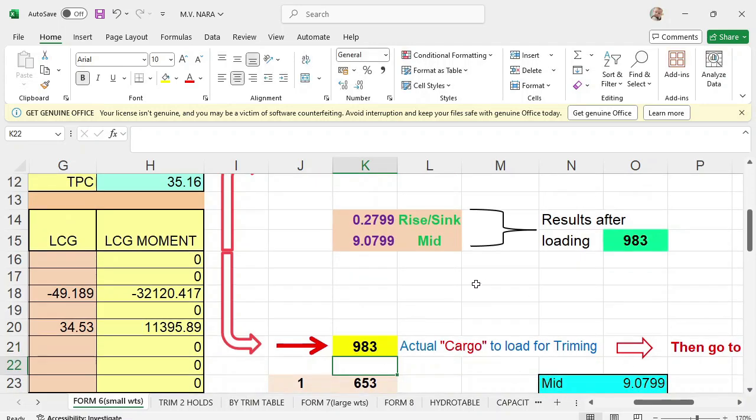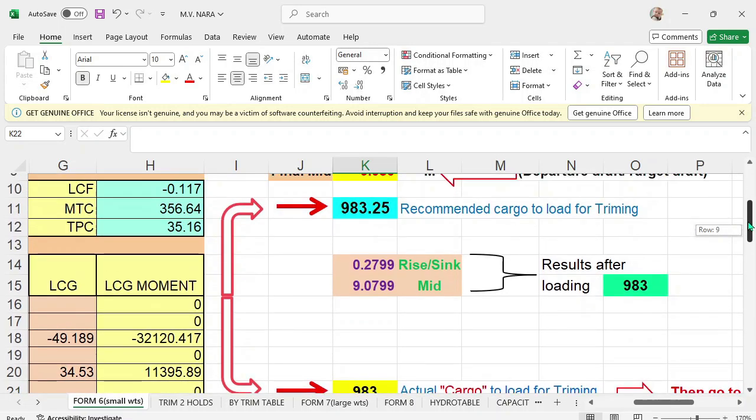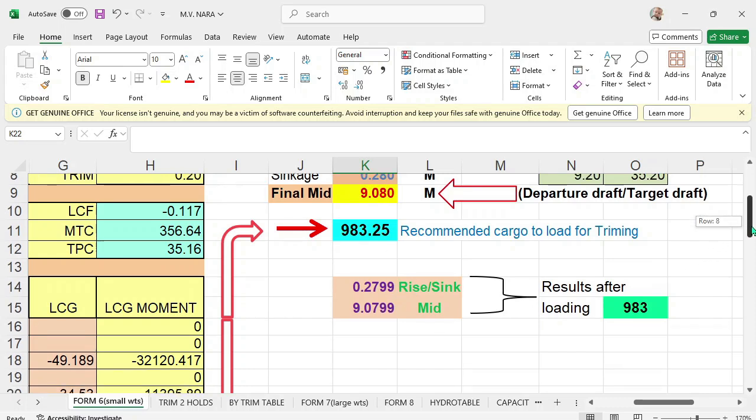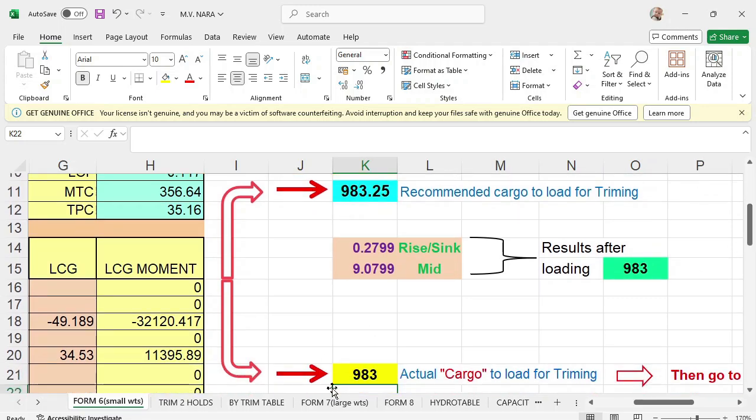Once you load 983, your mid draft is 9.0799 and your sinkage is 0.2799, which is almost the same. If you round this up, that will be 9.08. Round this up, that will be 0.28. But for the sake of discussion, we just do it like this: 983.2.